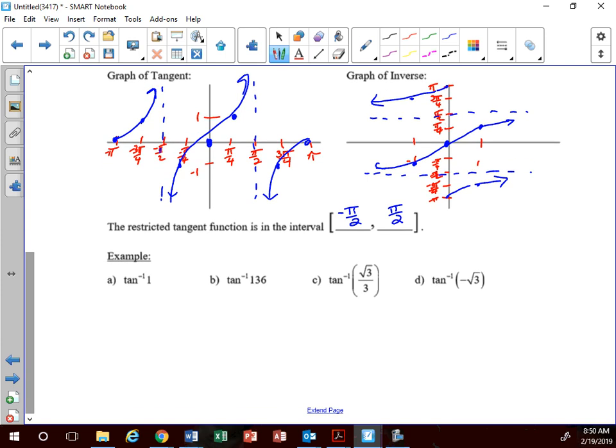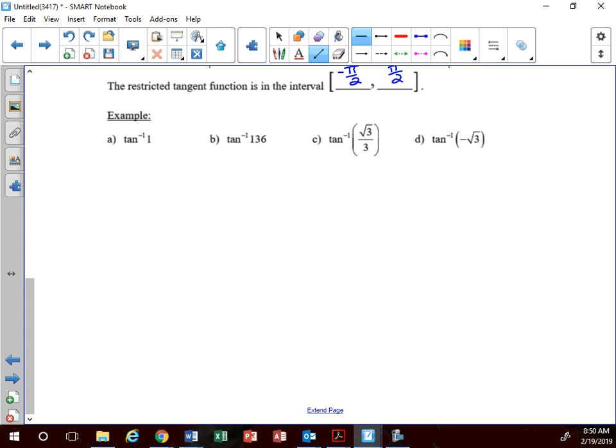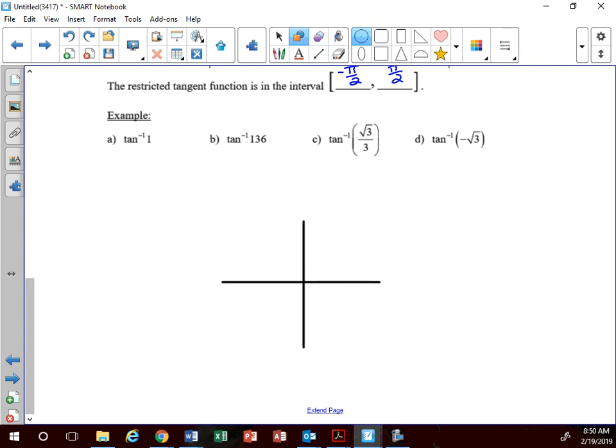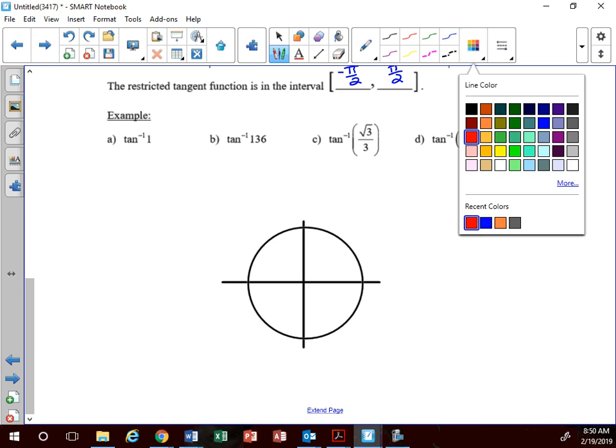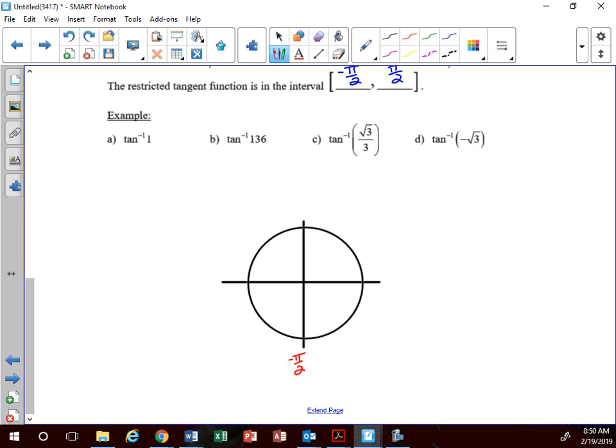So guys, we're back to the part of the circle that we used for sine. So draw it one more time just to make sure. So I'm going from negative pi over 2 to pi over 2.